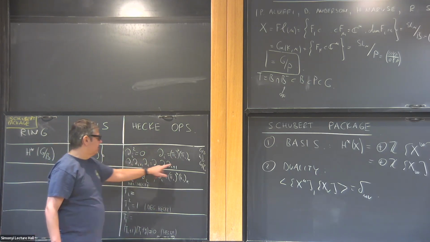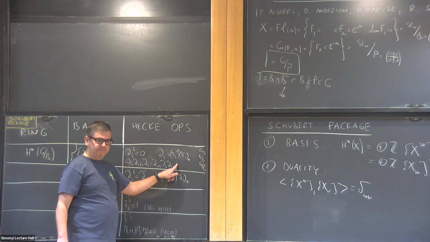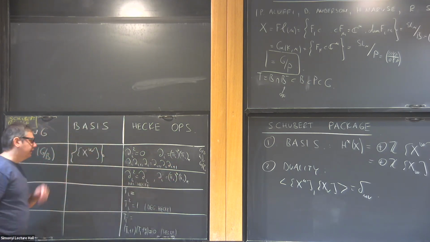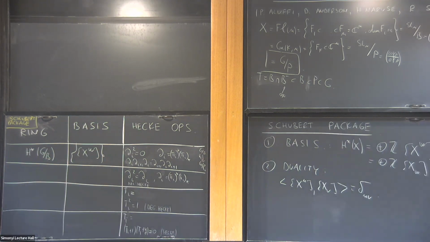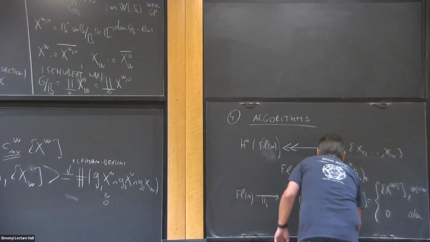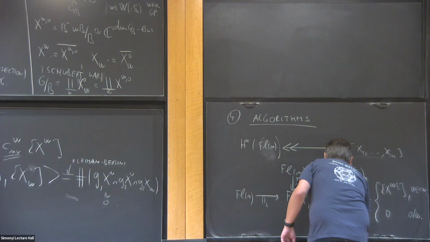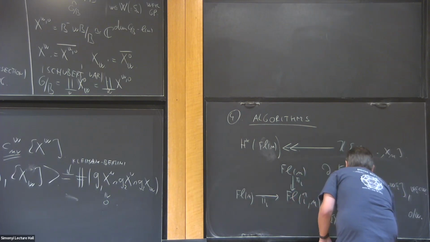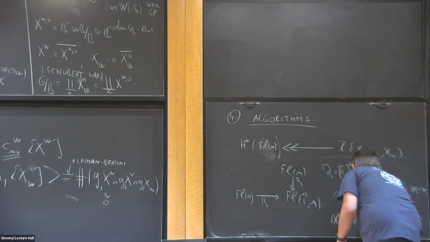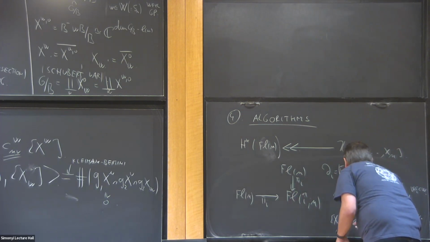You can also check that these operators satisfy the braid relations. In particular, you can define such an operator for any Weyl group element. So you can say, using these operators, that X upper W is going to be something like this. Probably I'm missing a W0, but I think the W0 should be W.